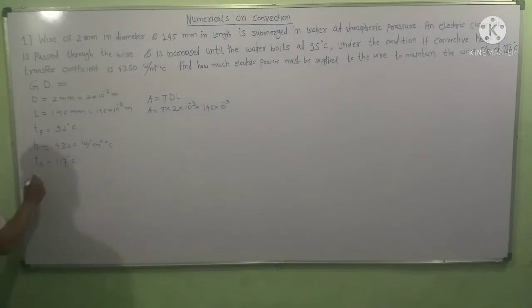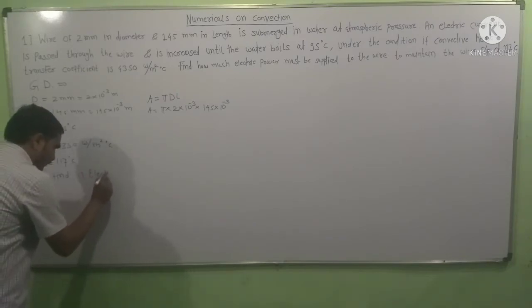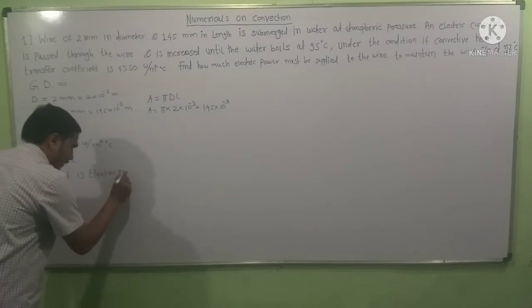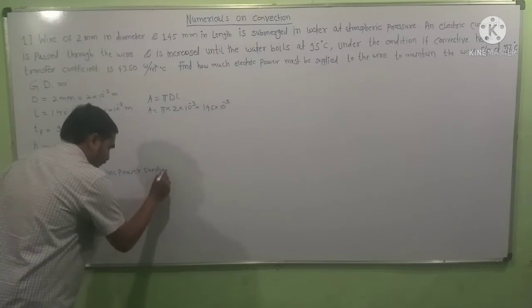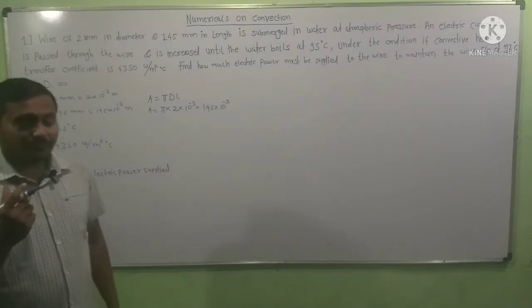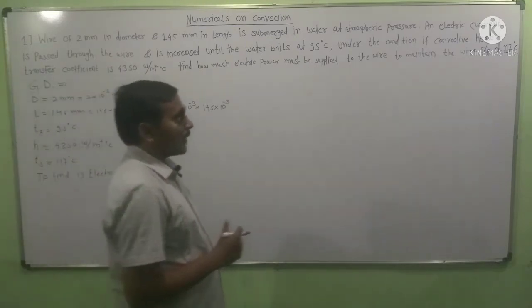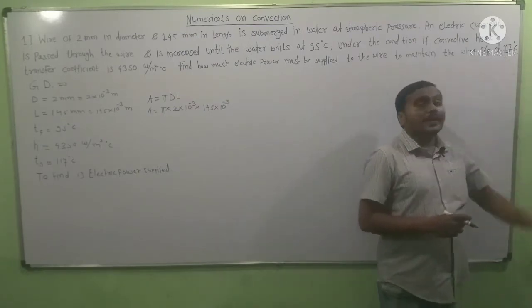So first we have to find the electric power supplied, that is, what will be the electric power supplied to obtain the wire temperature of 117 degrees Celsius.